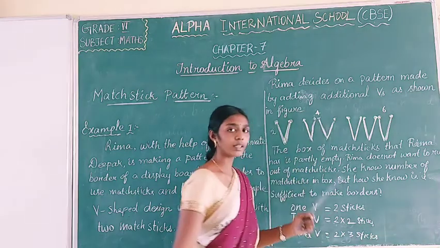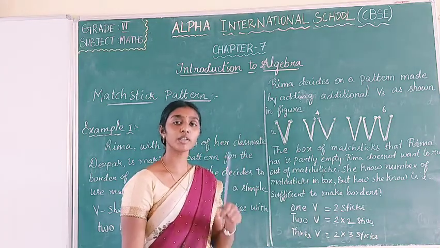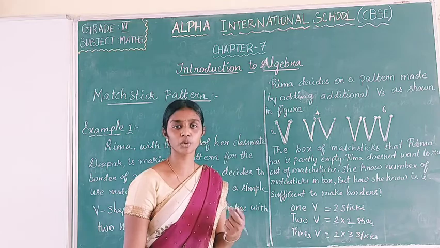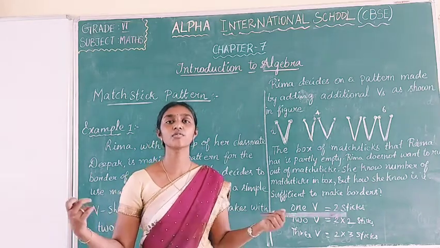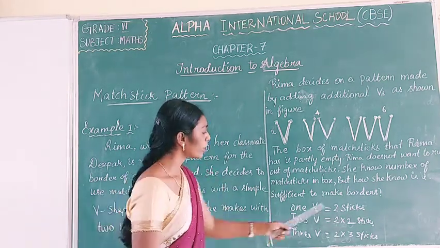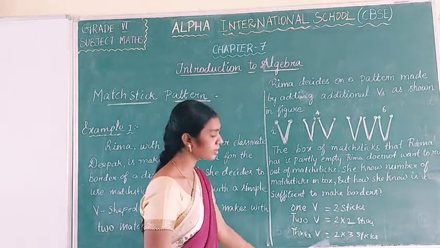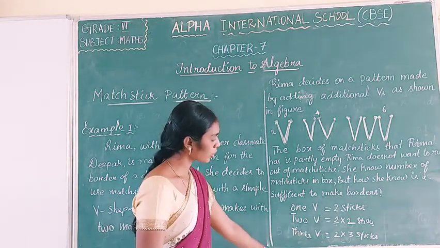So, I taught you the constant will remain the same. That thing is known as constant. The thing which varies is known as variable. So here, which is constant? 2 is constant.